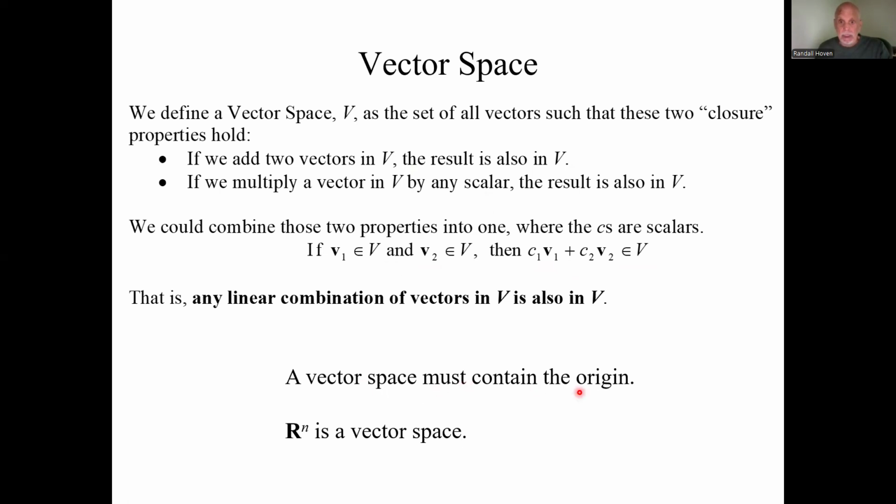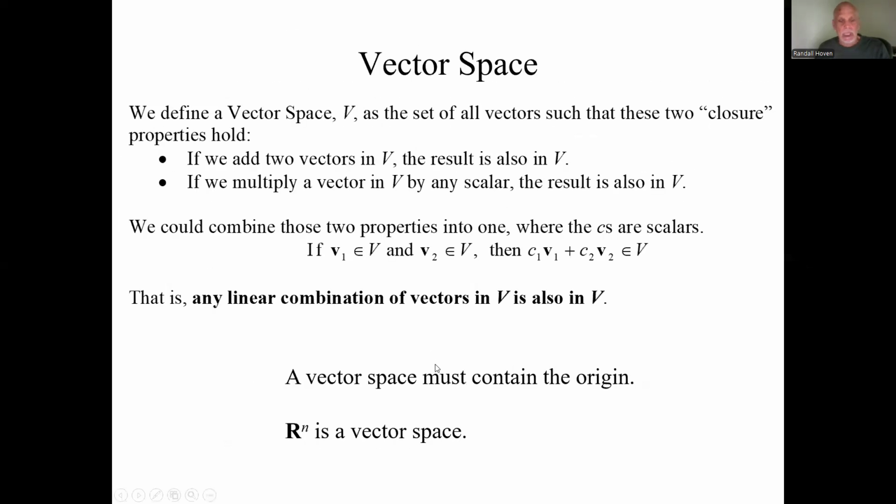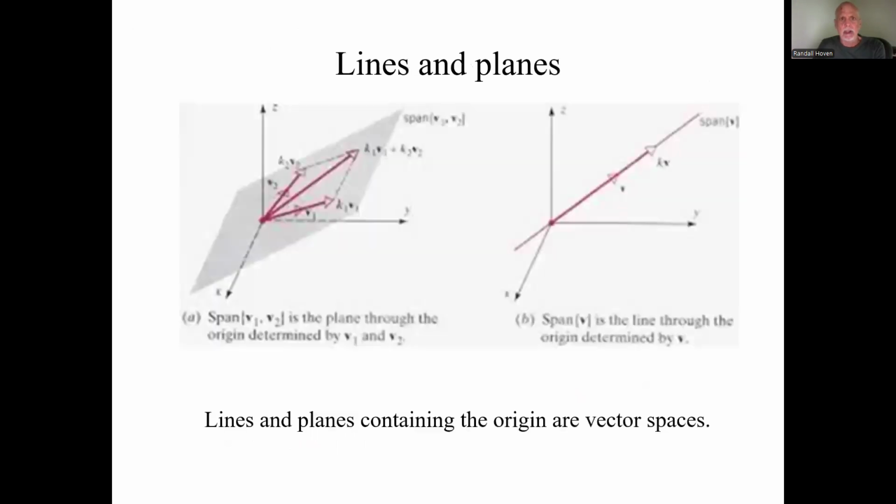So any vector space must contain the origin, because if you multiply by zero and you don't get zero, it didn't stay in that space. The whole space, however many dimensions you got, say the 2D plane or the 3D whole volume or bigger, those are vector spaces. We might talk about why that's so a little bit later.